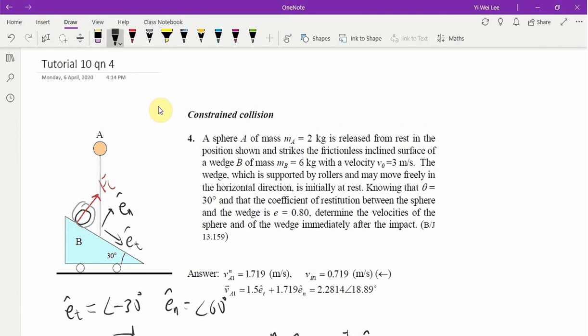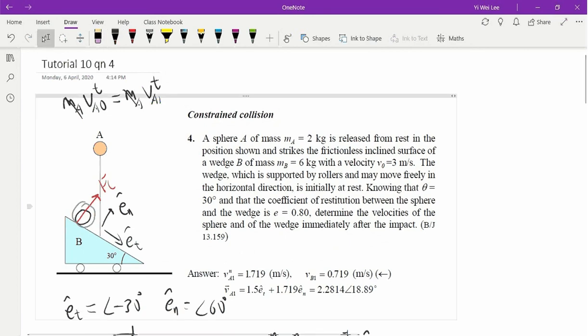Because of conservation of momentum along this ET direction, the mass of particle A times the velocity of A before collision, which has a component tangential to the ET direction, is equal to the mass of particle A times the velocity of A after the collision, which has a component tangential to the ET direction. So we can cancel the mass, and we have formed one equation, right?